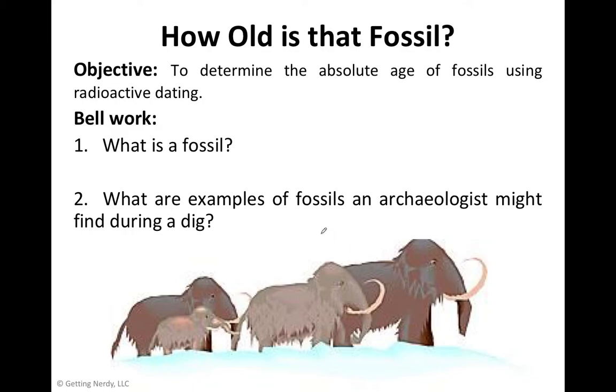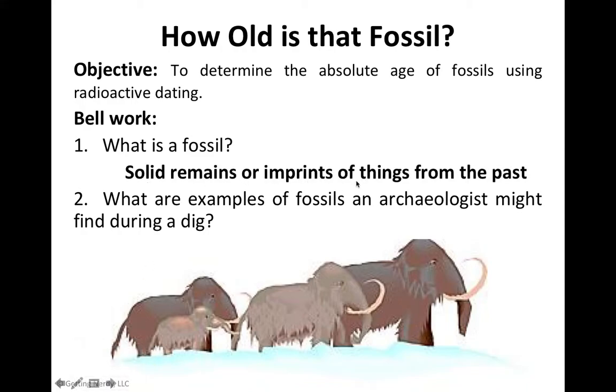Okay, so a fossil is solid remains or imprints of things from the past. What are examples of fossils an archaeologist might find during a dig? Well, let's discuss. We can think about our card sorting activity, and we talked about different types of fossils like trace fossils. So you might find footprints or movement that an organism was making at the time.